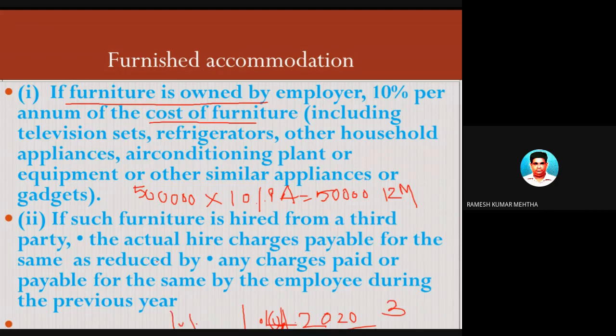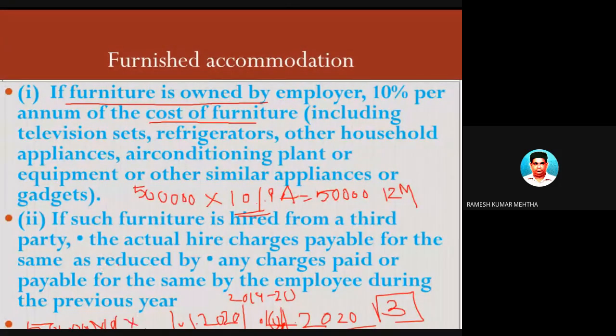If accommodation is provided by the employer during 2019-20, and this house is occupied by the employee on 1/1/2020, then for the full year only 3 months he is staying. So you should not take the whole 10%. In that case, the calculation goes like this: 5 lakhs into 10% is for the full year. But he has not occupied the house or utilized this furniture for the full year. How many months has he used?